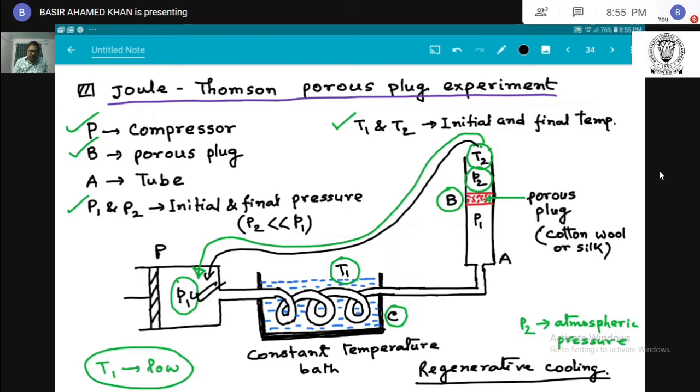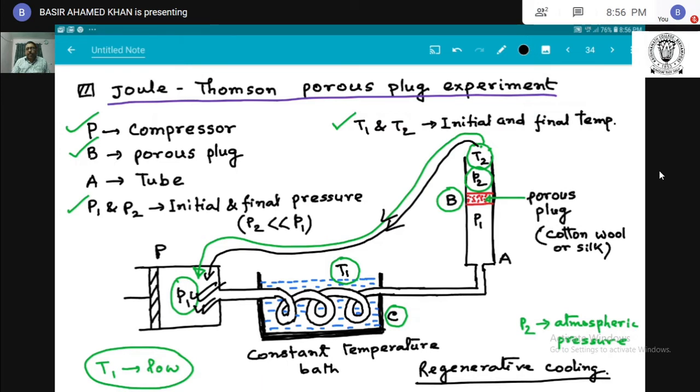Again we put the gas in this chamber, and after compressing and expansion the temperature of the gas becomes more cooler. In this cyclic way, the temperature of the gas repeatedly becomes more and more cool, and this is called regenerative cooling.